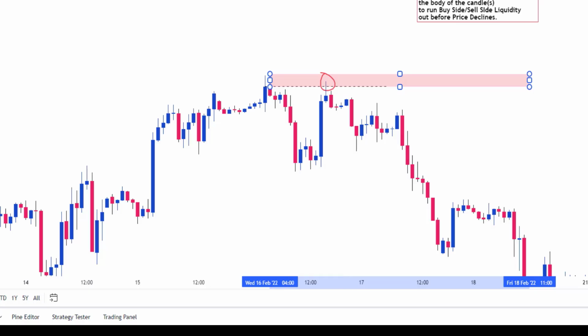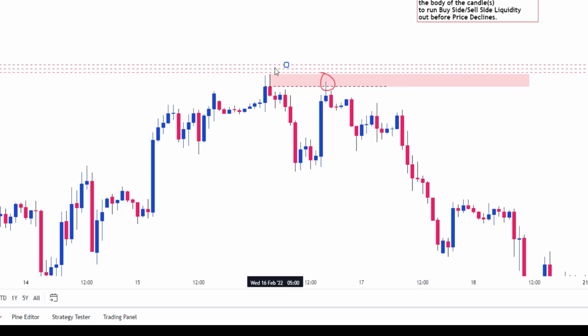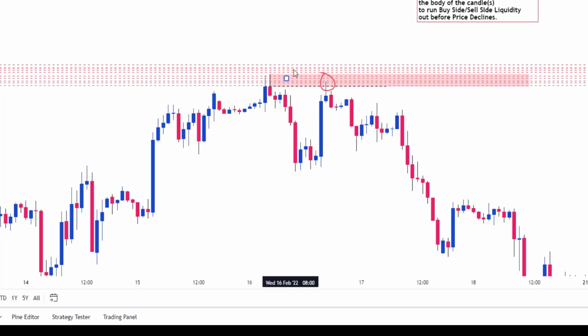All this place is filled with liquidity, and liquidity is simply money. All right. In this regard, we are dealing with buy side liquidities. This place is filled with liquidity. The reason why price is trading above the body of the candle is simply because there is liquidity from right above the body of the candle up to that level. And this is how a rejection block is supposed to be, a bearish rejection block.